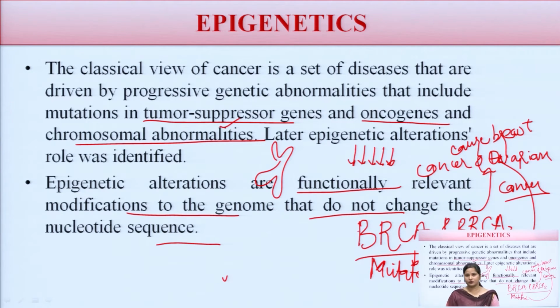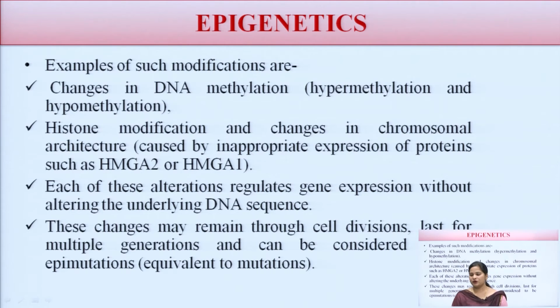The sequence does not get altered, but there is a modification in the genes, not in the sequences. The examples of such modifications are changes in DNA methylation, that is hypermethylation and hypomethylation. Means there is a process of methylation where the methyl group will change, so there are changes in methylation, either hypermethylation or hypomethylation.